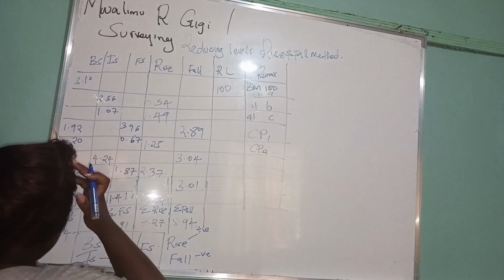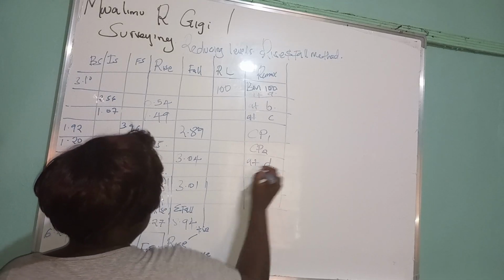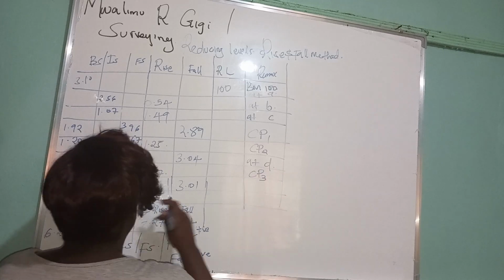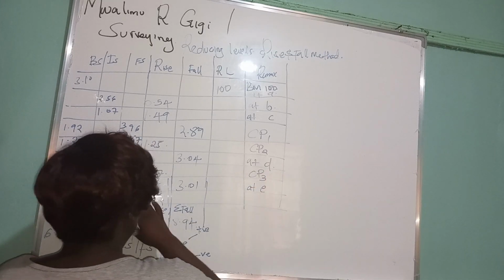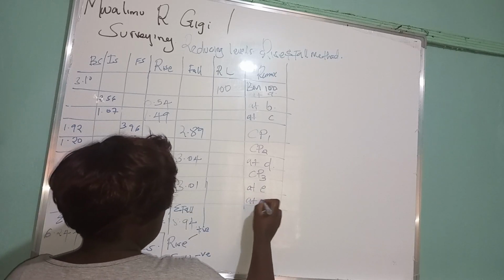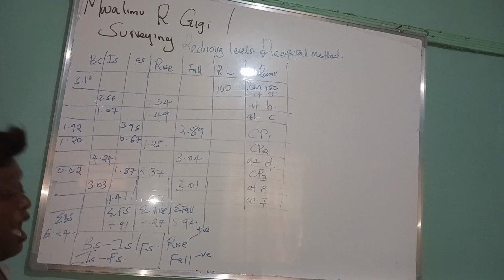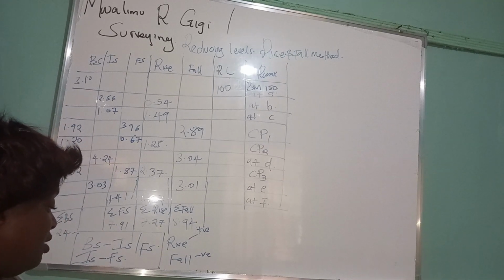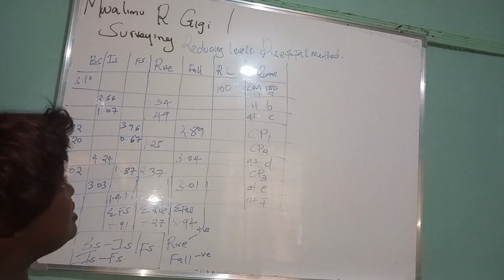Then we have D. Then we have another change point 3. Then we have E. And the last point is at F. So at A, we have the reduced level as 100.